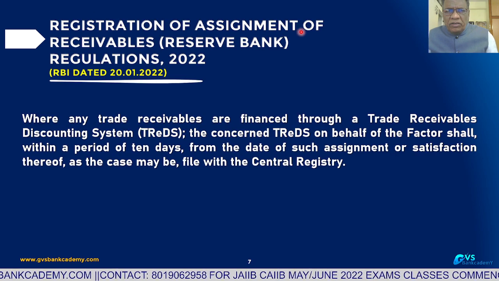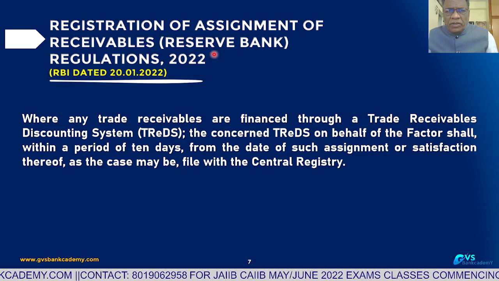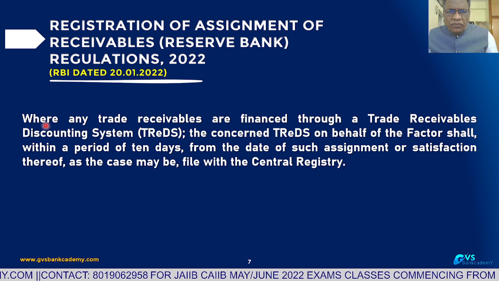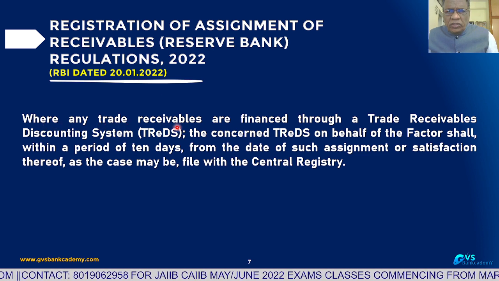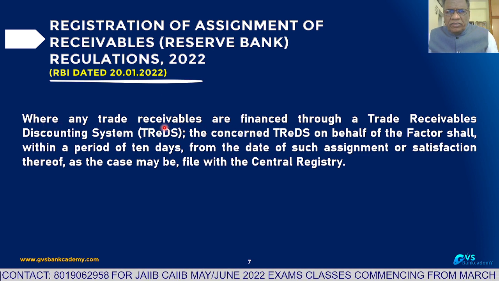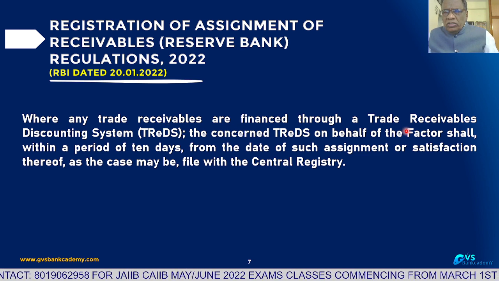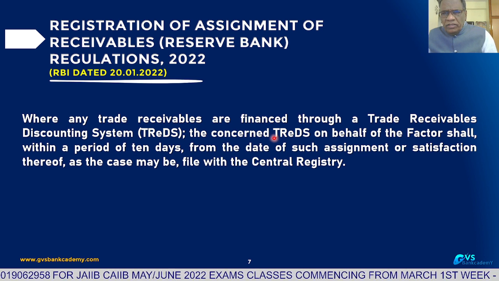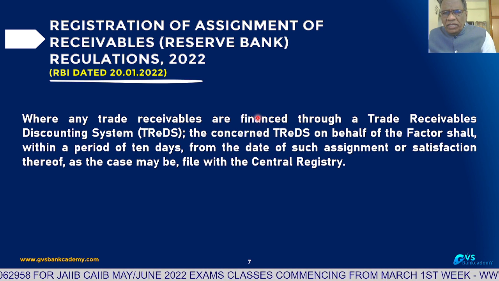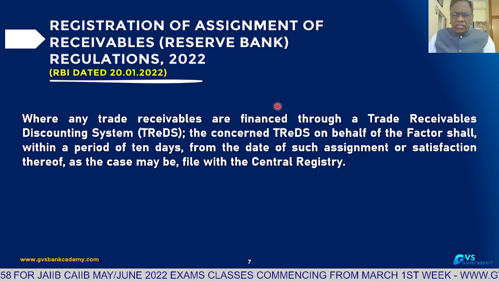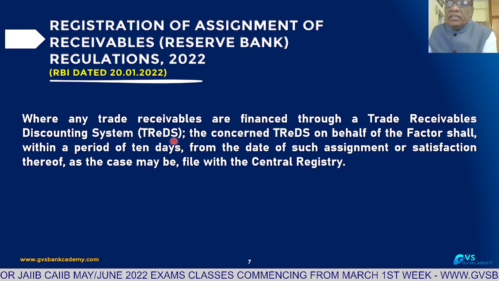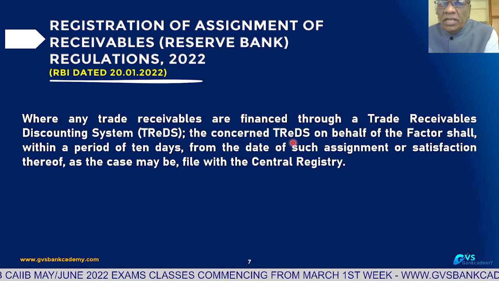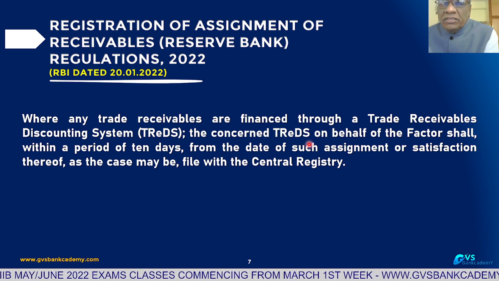Registration of assignment of receivables, Reserve Bank of India Regulation 2022. This is where any trade receivables are financed through TREDS, Trade Receivables Discounting System. As of today, MSME units are discounting almost all their bills with TREDS.